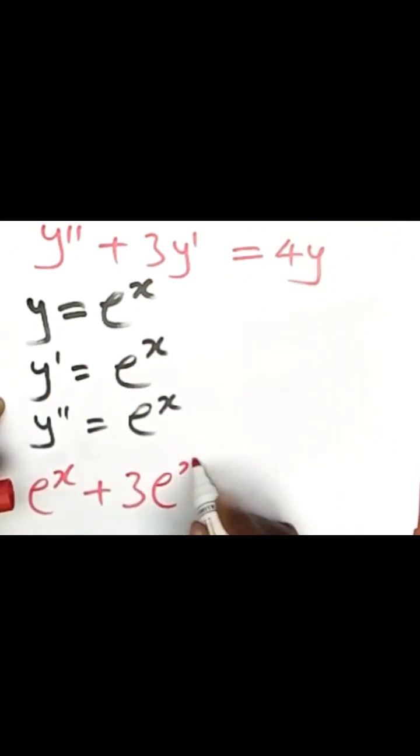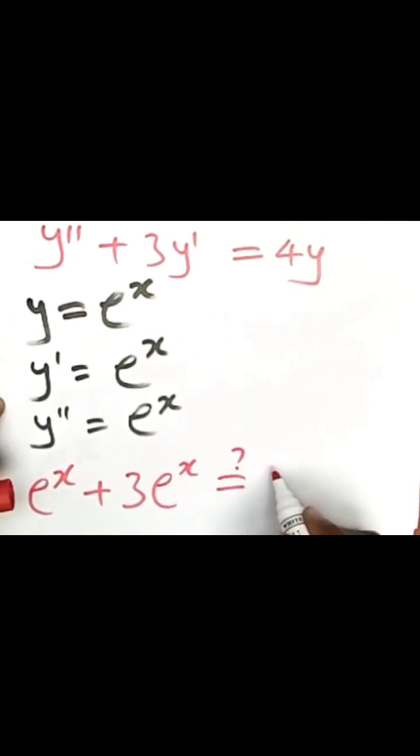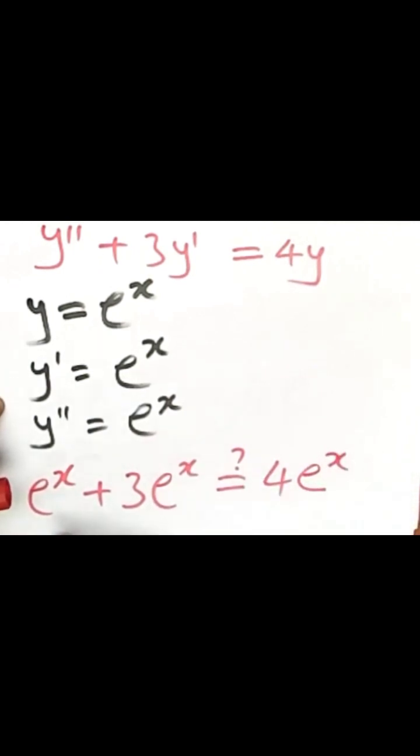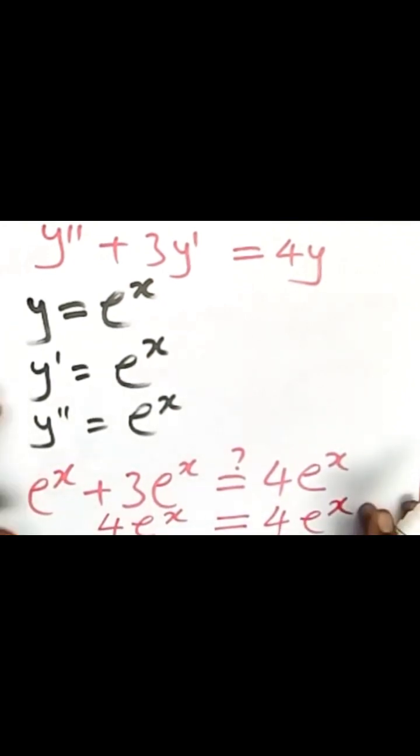So let's slot this into the original equation. y prime prime is e raised to power x plus 3 times y prime, which is also e raised to power x. Does that give us 4 times y, which is e raised to power x? Of course, as you can see, e raised to power x plus 3e raised to power x is equals 4e raised to power x, and this exactly equals 4e raised to power x. We're done.